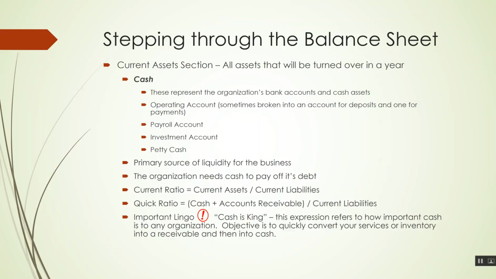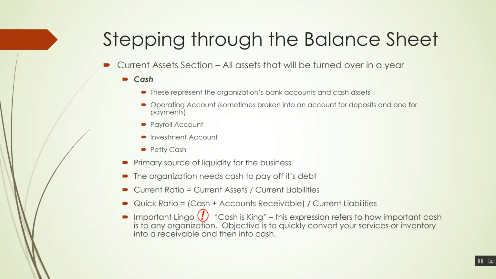So let's go ahead and step through these sections of the balance sheet so we can have an understanding of what all these different accounts represent. Starting off in your current assets section, as I indicated, these will be assets that are going to be turned over within the course of the year. The very top line of the assets section is going to be your cash accounts.